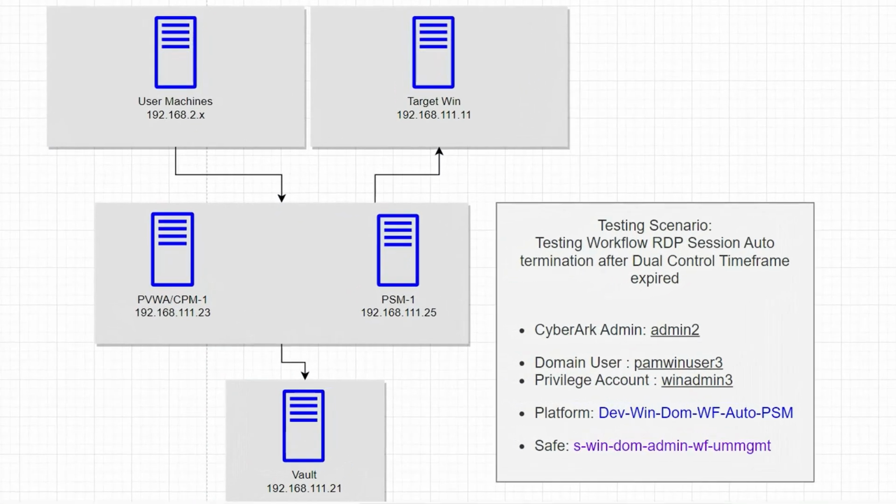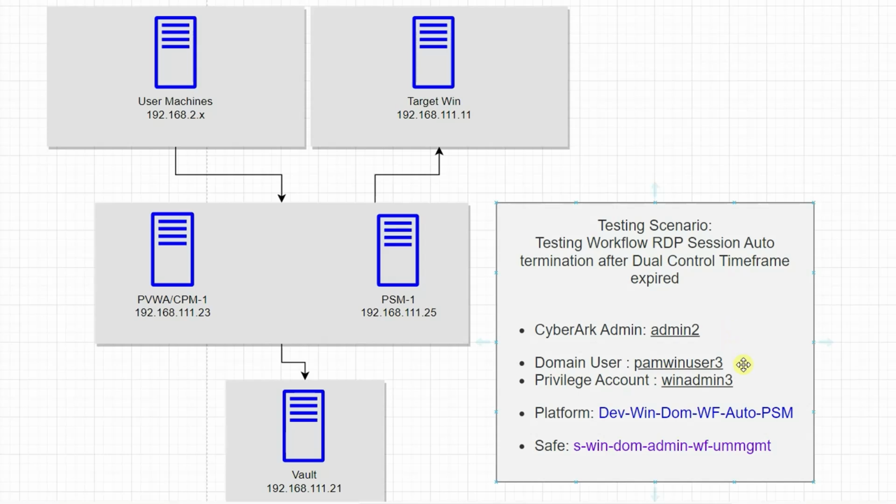Let's quickly review what we're going to do in our next testing scenario. We're going to log in using our domain user PAMWinUser3. Once we log in, we should be able to see this privileged account, and we should be able to request access to the privileged account WinAdmin3. Our admin2 is going to be able to approve and confirm this request.